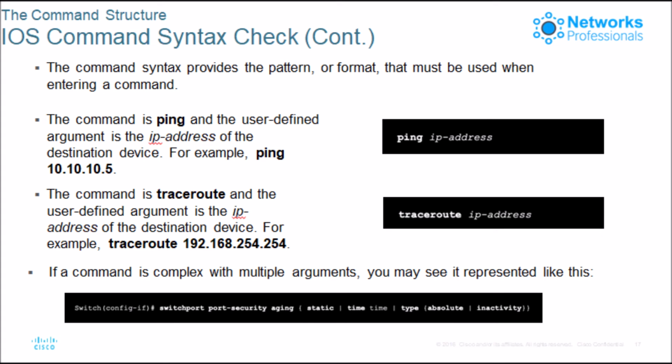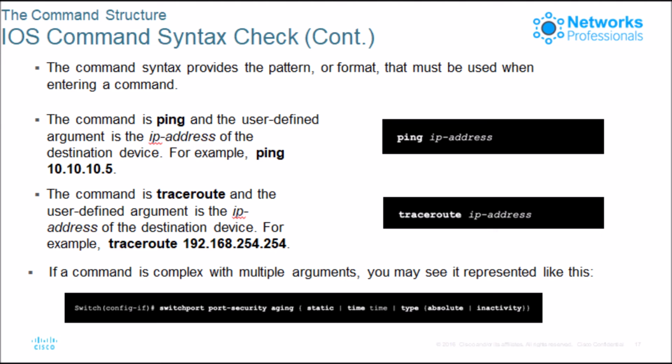In the same way, if you use the command traceroute 192.168.254.254, traceroute is our command and the user-defined argument is the IP address of the destination device.